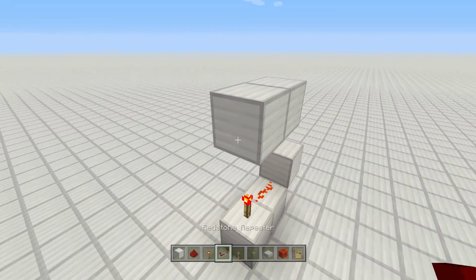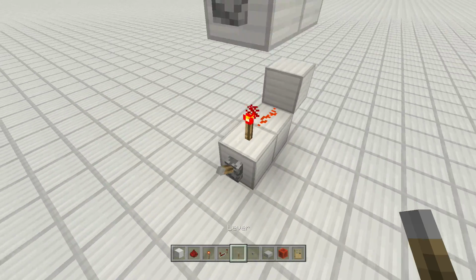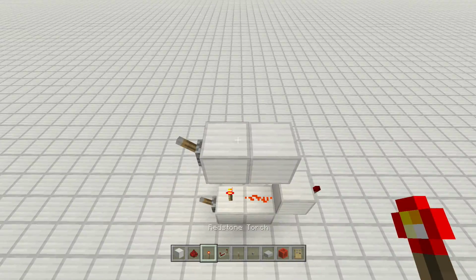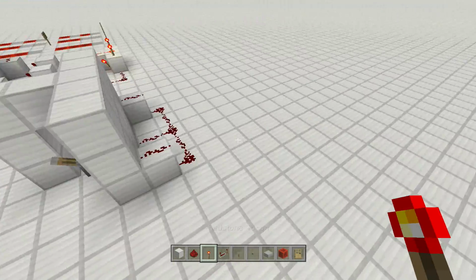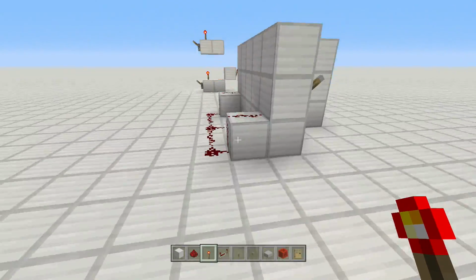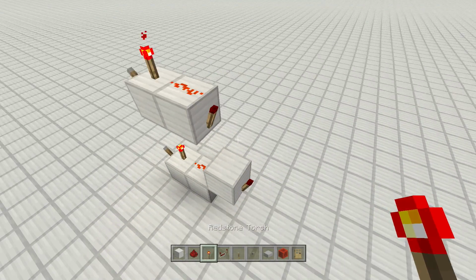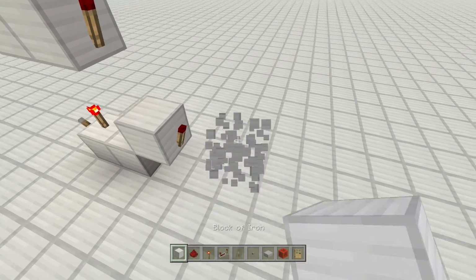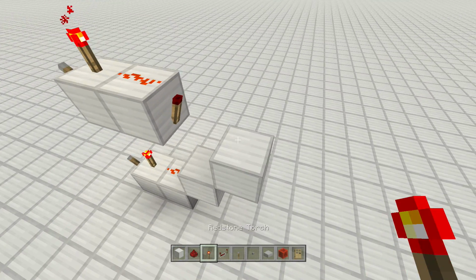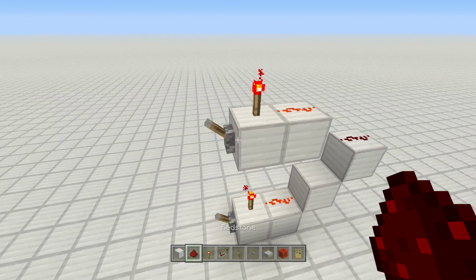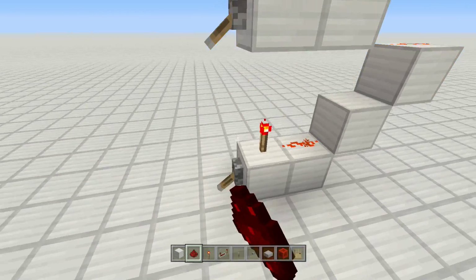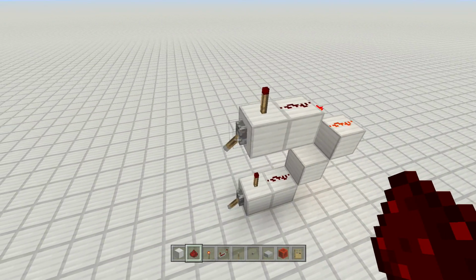So your inputs are right here, right on top of each other. You invert them at first, just like over here, and then you invert them again, and you connect both of them together to get the OR part. This one or this one, my output is on.